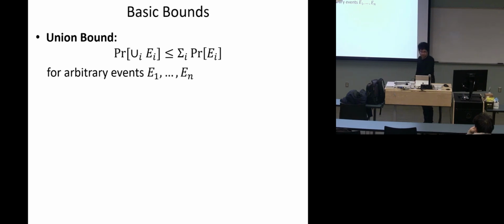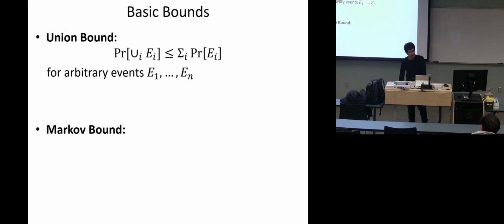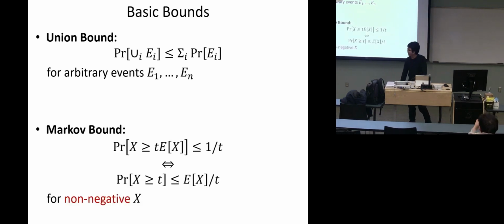Okay. And next, Markov bound, which is a way to say that your random variable shouldn't deviate too much from the expectation. So it says that the probability that X deviates from the expectation by a factor of t is at most 1 over t.